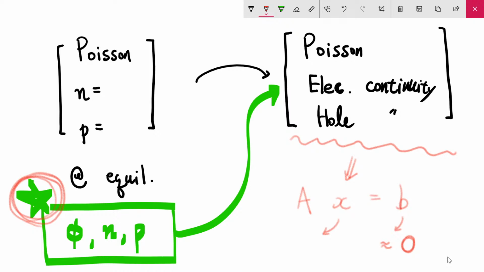But since b is close to 0, your x will also be quite close to 0. So what will happen? The expected behavior is that once you insert your equilibrium solution into this new set of equations, you will find, oh, my residue is so small, so my solution update vector is so small.